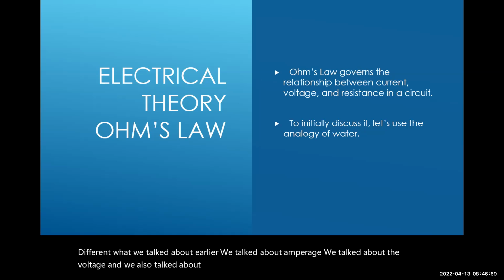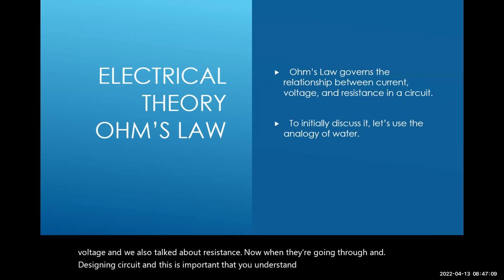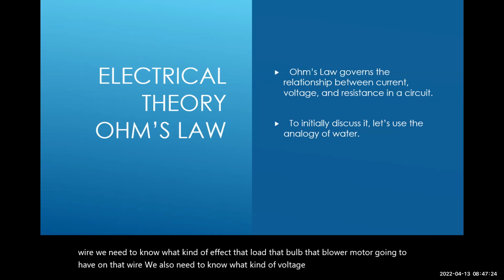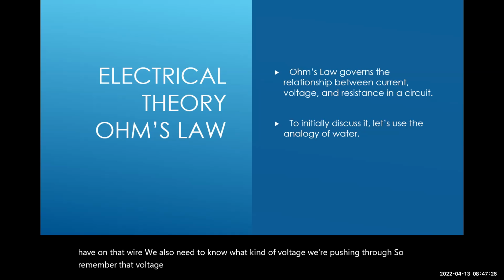Now, when they're designing the circuit, and this is important that you understand, we need to know what size wire, and what kind of effect that load, that bulb, that blower motor is going to have on that wire. We also need to know what kind of voltage we're pushing through. So remember that voltage is pressure. So we have that battery.